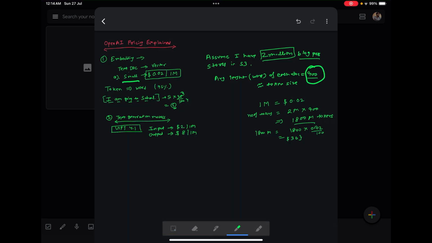Now if you understand a text generation model, we ask something, like if we open ChatGPT, and we get something in return. So both input and output have some sort of tokens. Suppose, in a hypothetical scenario, I ask a simple question, and usually a simple question would have some 20-25 tokens.